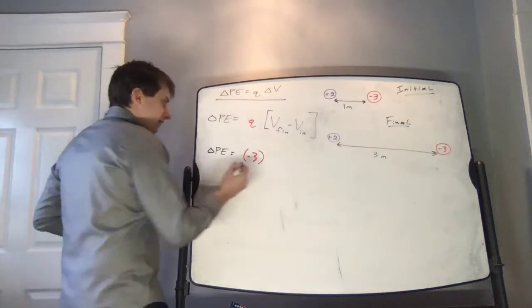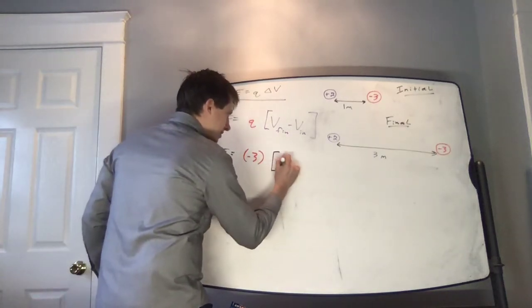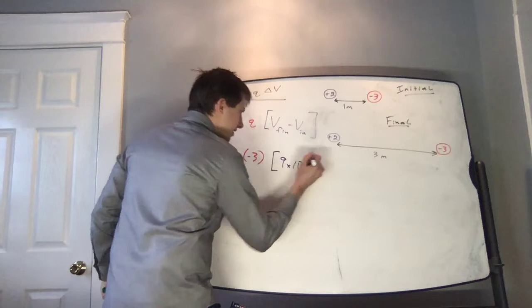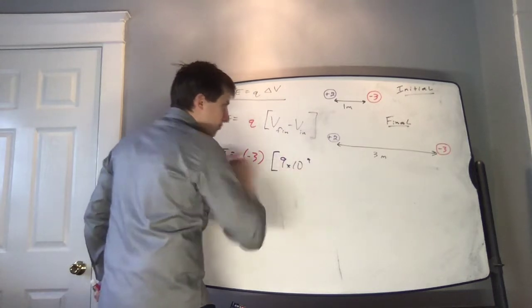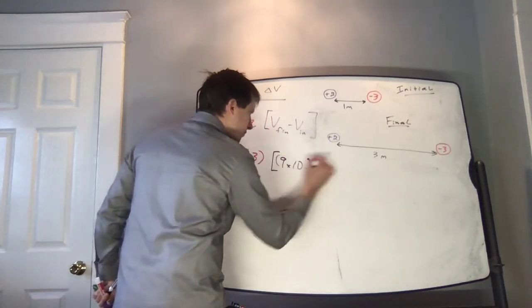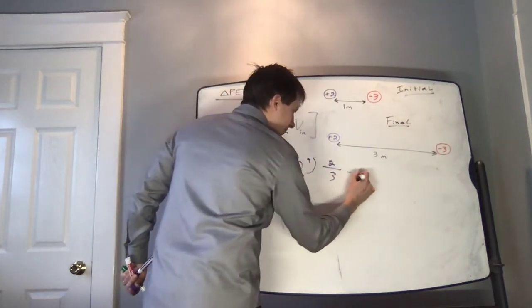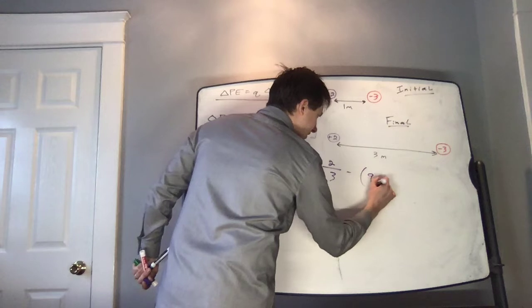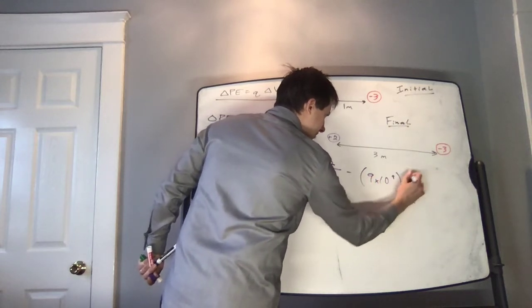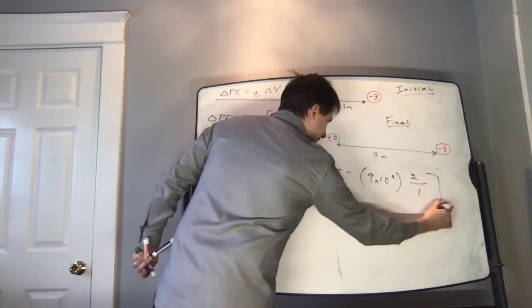I'll still have Coulomb's constant, 9 times 10 to the 9, times the charge of the particle that is not moving, which is +2, divided by the final distance away, which is 3, minus 9 times 10 to the 9 times 2 divided by 1.